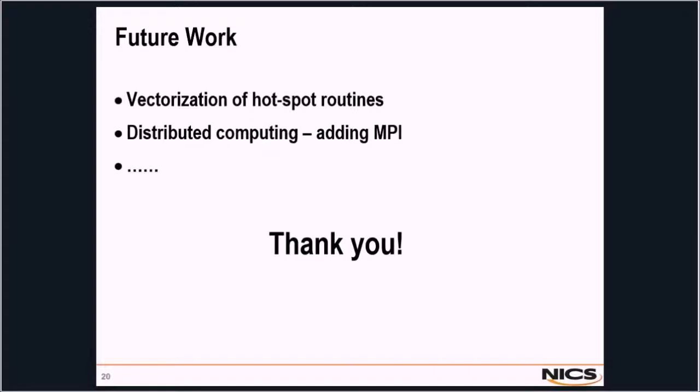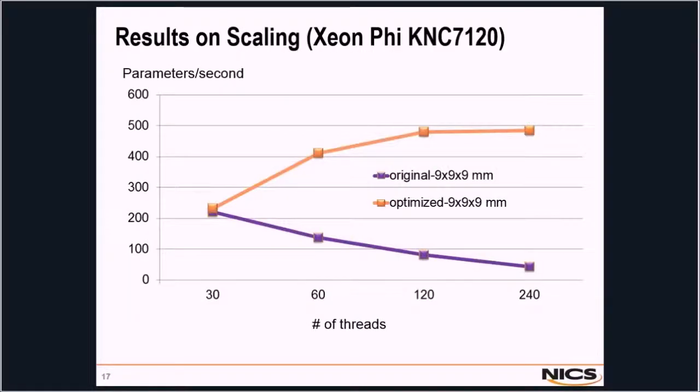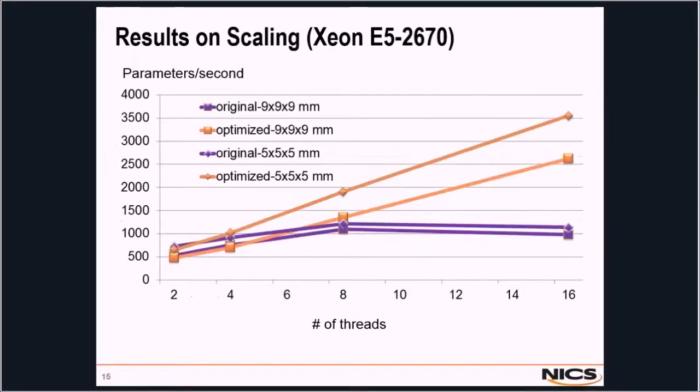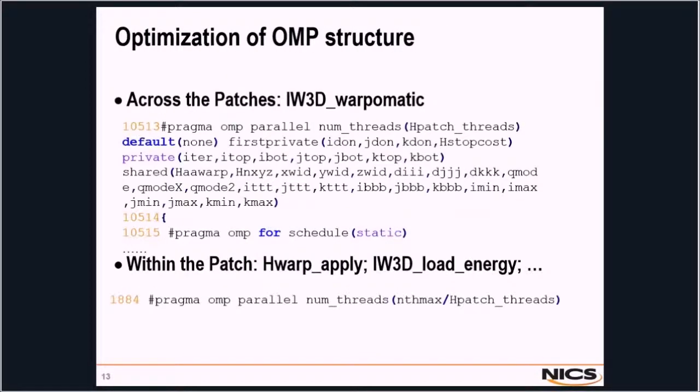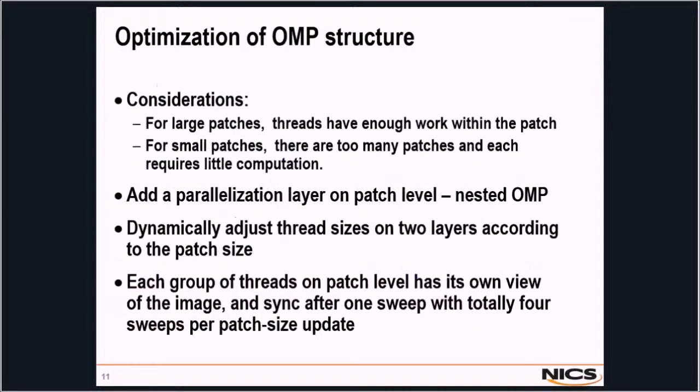And also, earlier in the talk, you were talking about the two types of parallelization that you could do. So the original code used threading within a patch, and then you developed a new scheme where the threading was over patches. Did you find that there was an intermediate regime, maybe 12 cubed or 15 cubed, where neither type of parallelization was quite optimal?